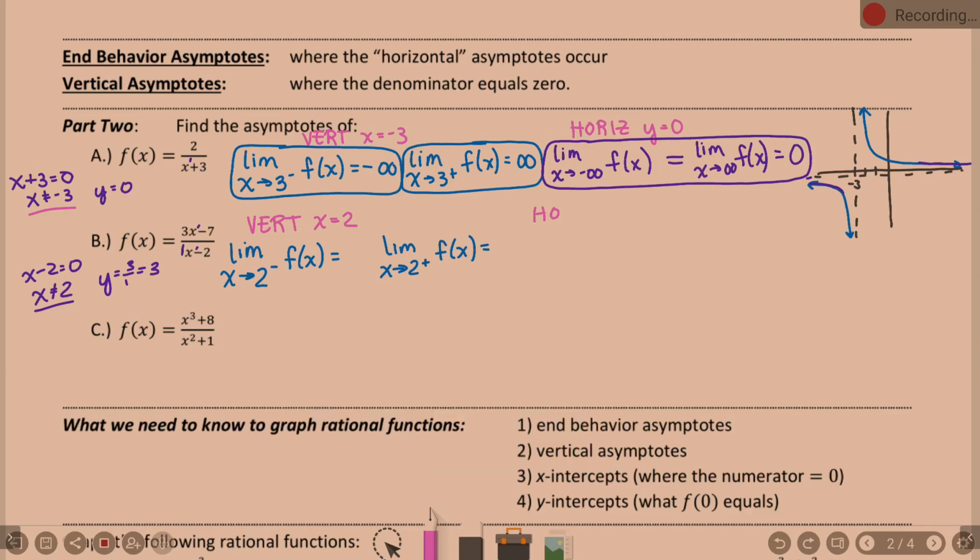But let's talk horizontal real quick. What was my horizontal asymptote? 3. Y equals 3. Can you write out the limits? Horizontal asymptotes, you're always asking yourself the limit as x approaches negative infinity of f of x and the limit as x approaches positive infinity of f of x.